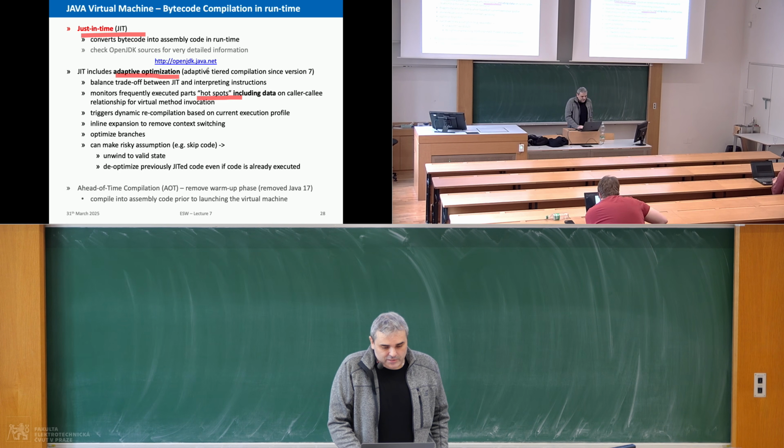The key thing here is that it can make risky assumptions for the compilation. It can completely skip code which was not used up to that moment, but that risky assumption is accompanied by dynamic recompilation if needed.